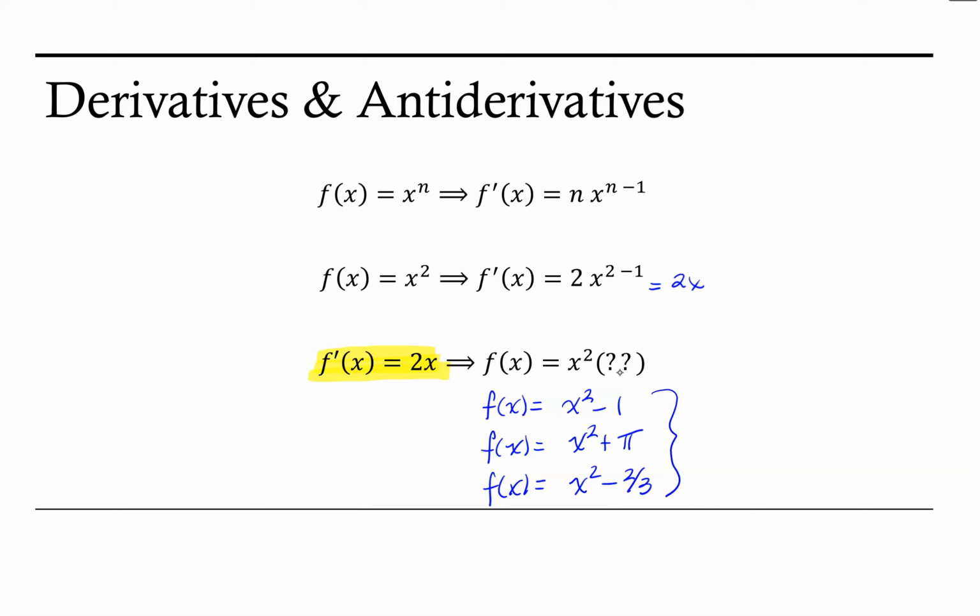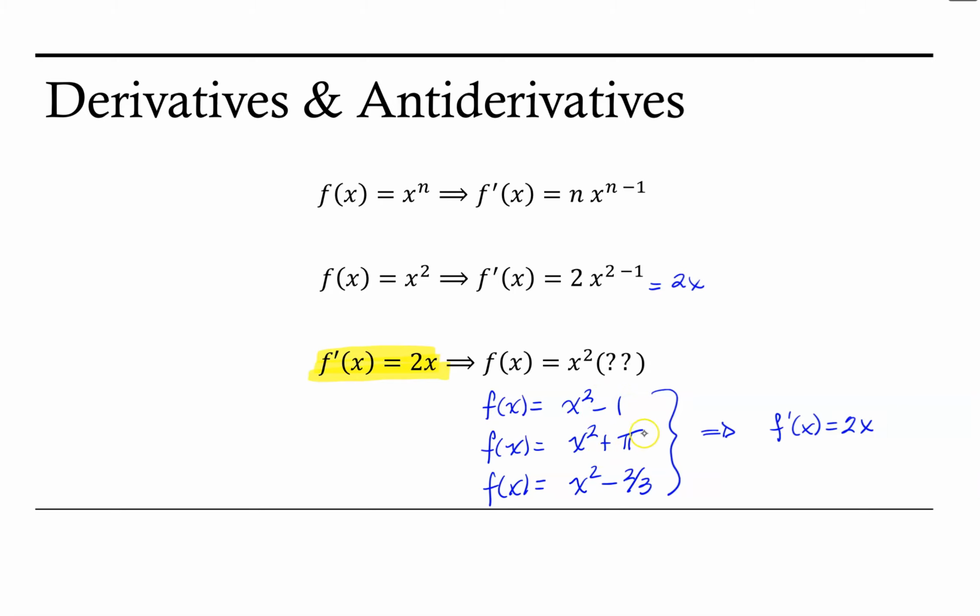For each one of those functions, my derivative would be 2x. So notice in that differentiation process, I would lose the information about any constants. When I take the derivative of x squared minus 1, the derivative of the minus 1 is 0, and it doesn't appear in my derivative.